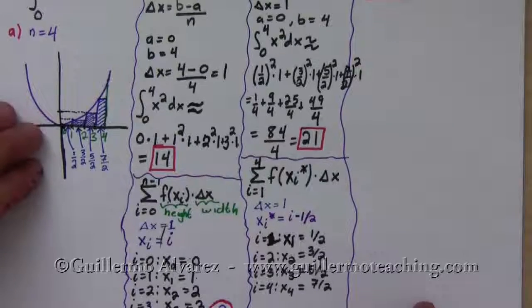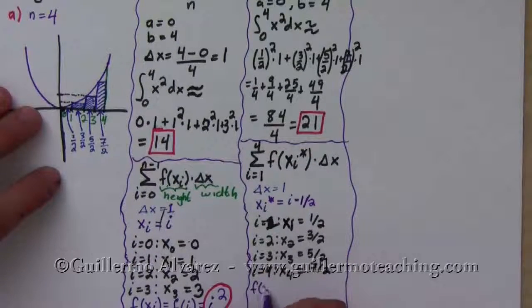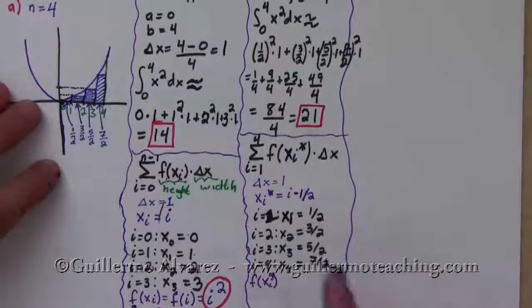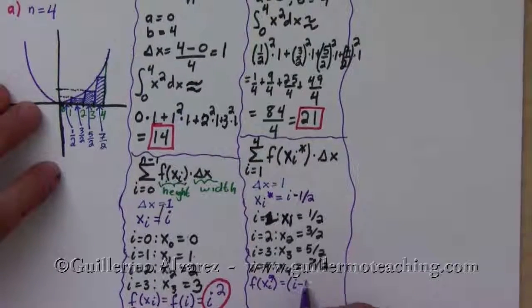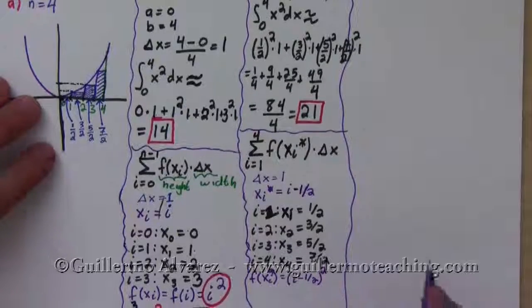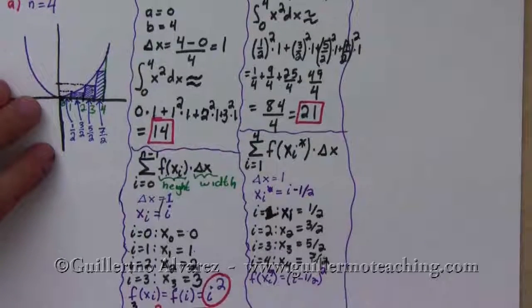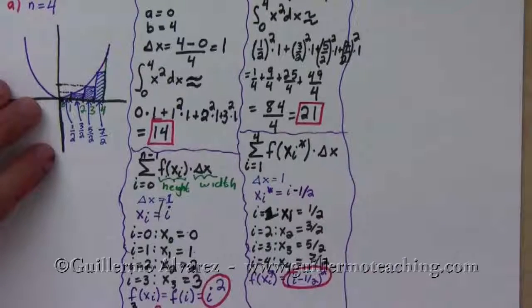Okay, so then if we know that, then f of x sub i star is going to equal (i minus 1/2) squared. And this is what's going to go inside of the summation.